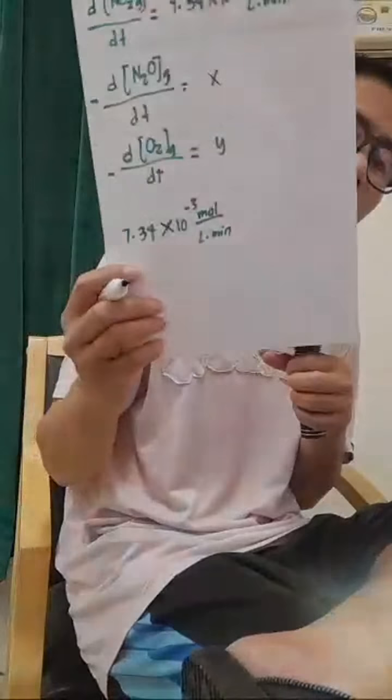So 7.34 times 10 to the negative 3 moles per liter minute. Our moles are stated as MOL only, to make it a short abbreviation. Now, consider the stoichiometric relationship in this basis of calculation.